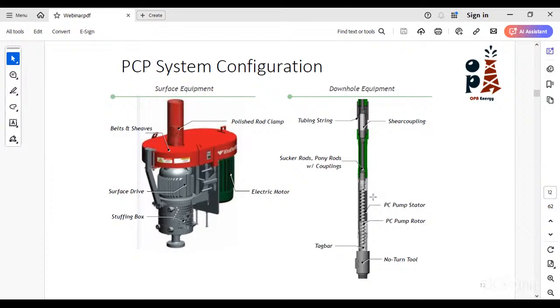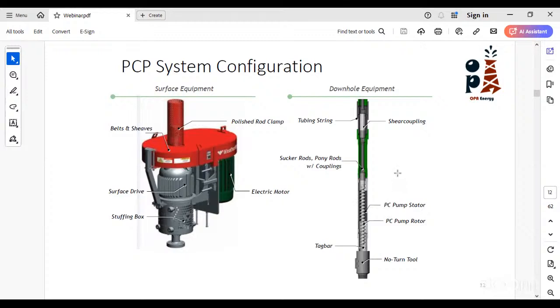As we all know, we have a stator, and this is like a tube, the same as the tubing, but it is covered from inside by elastomers. That is a rubber thing that is bonded to the body to make it easy for the flow and so as not to be affected by the rotation of the rotor inside the stator.